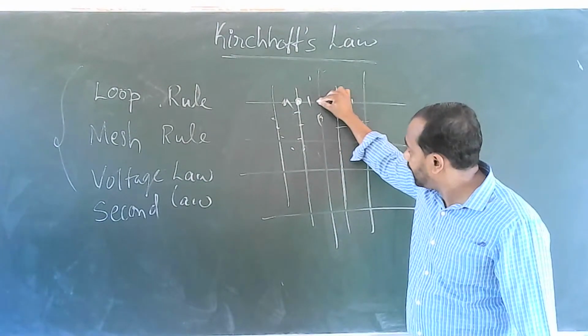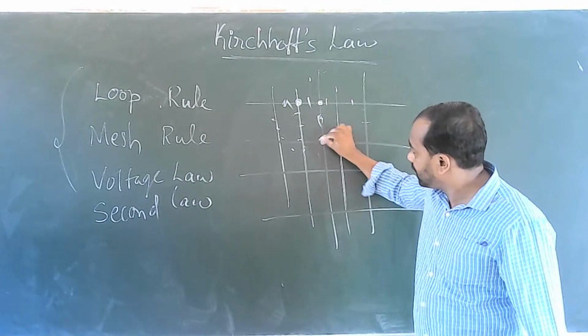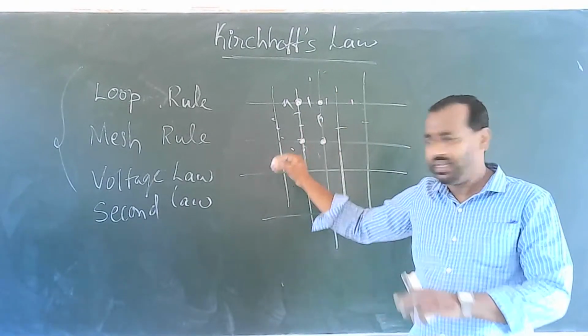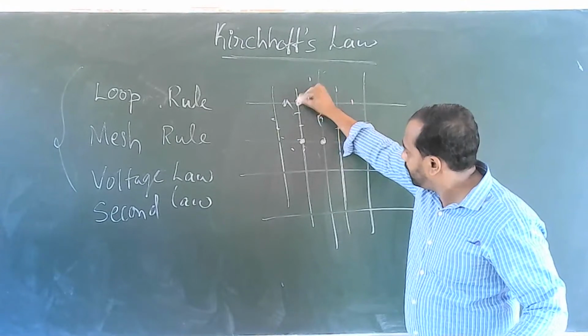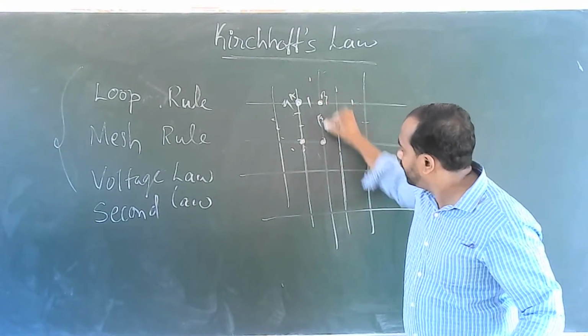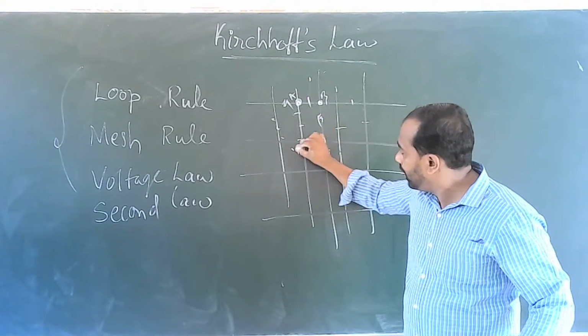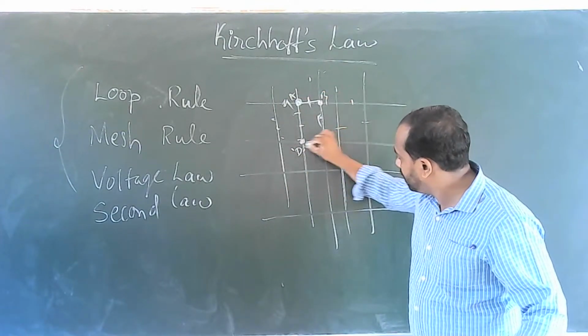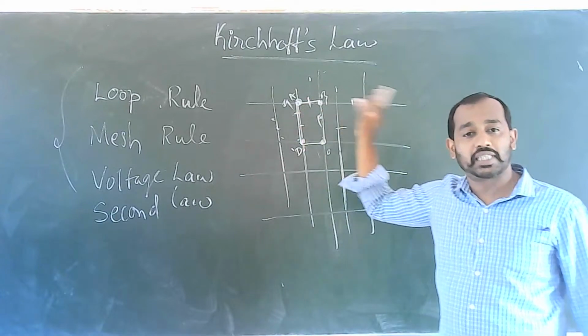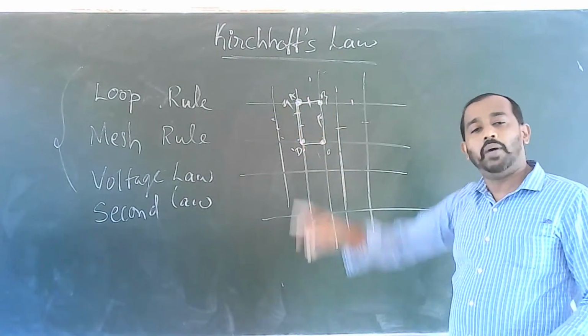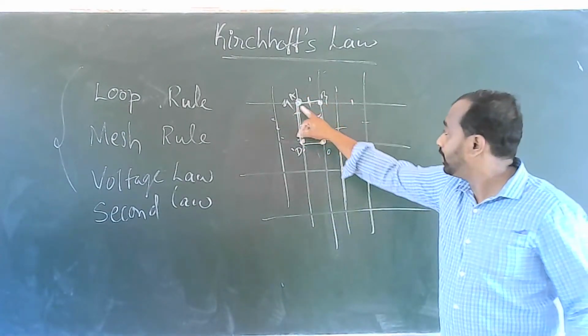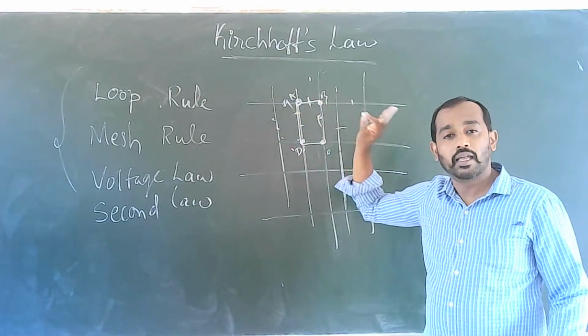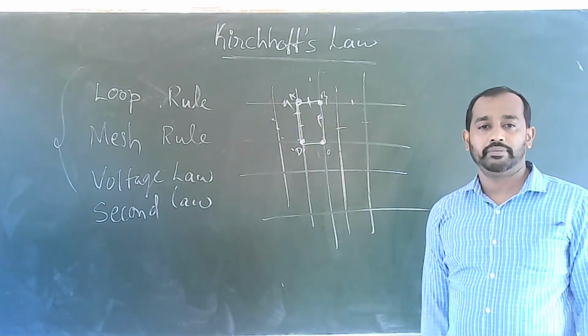If we start from this point, there is another junction here, and another junction here. So if we start from this point, say A, then B, then C, then D, then again back to B, if we are able to reach the same point passing through different components, then this is known as the loop or the mesh.